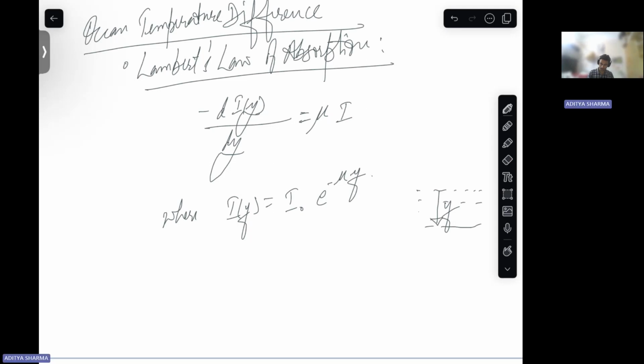So at some depth y, if you want to know the intensity of radiation, we can use this law.